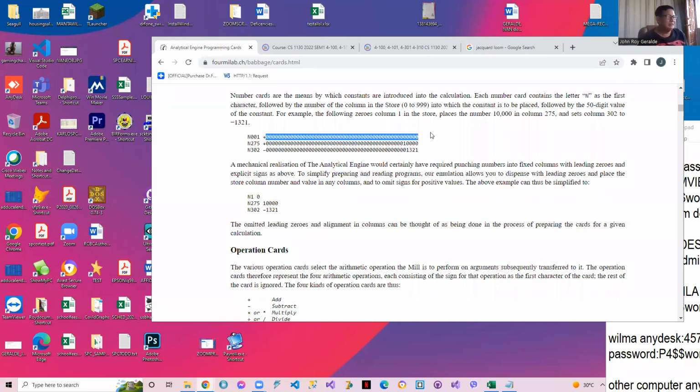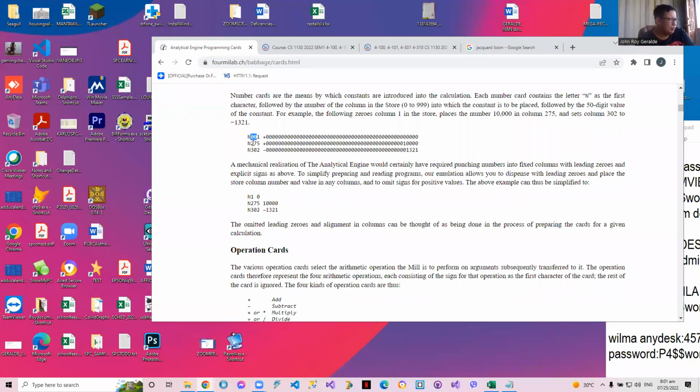Do you follow? So it's like a worksheet, and in fact, in our simulation, we will use a worksheet with 1,000 columns. When you say N001, 0, the value 0 is stored in column 1.